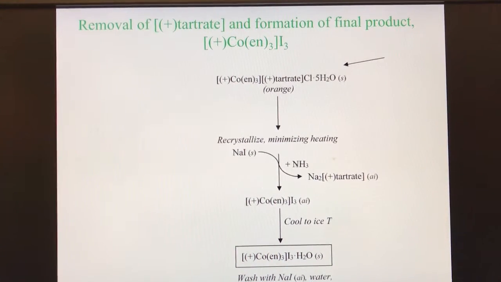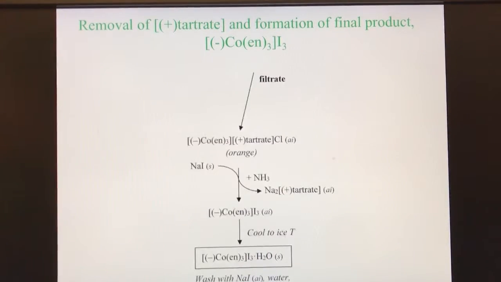You need a little bit of base for that to happen, and ammonia does the trick there. And then once you get your product here, you cool it down and you will get a lovely product, I promise. Well, maybe I don't promise, but it is very likely that you will, and it'll be very cool when you do.